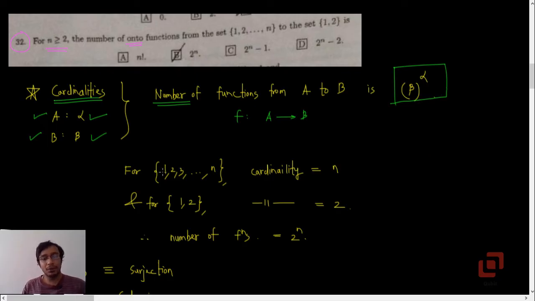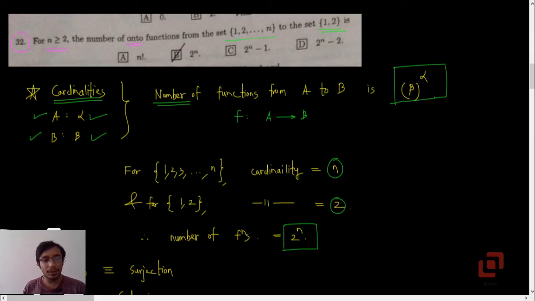Now we will go to the given two sets. We are defining the functions from the set {1 to n}, whose cardinality is n, to the set {1, 2}, whose cardinality is 2. So how many functions can we define with no restrictions or special cases? 2 raised to n.